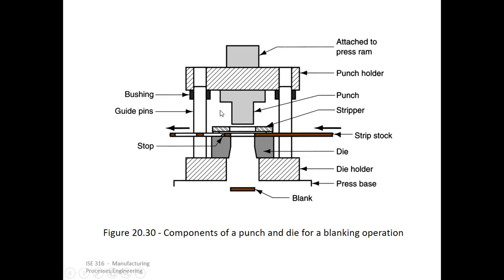Piercing is the opposite of that. The removed material is not the byproduct, it's actually scrap. The base strip which was there, the strip stock, that is your byproduct in piercing.